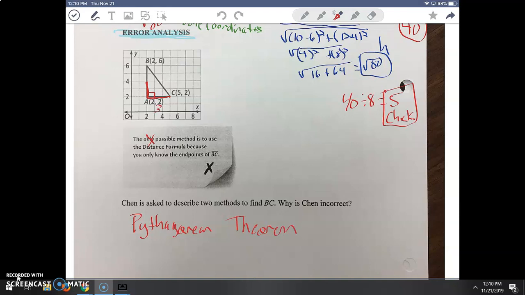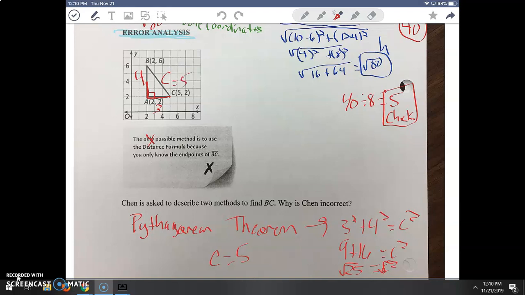The bottom part is 3, the height is 4, and you can do that just by counting. And then you can use the Pythagorean theorem to figure out what that is. 3 squared plus 4 squared equals c squared. This is our c. So you end up with 9 plus 16 is equal to c squared. You end up with 25 is equal to c squared. Take the square root, and c equals 5.